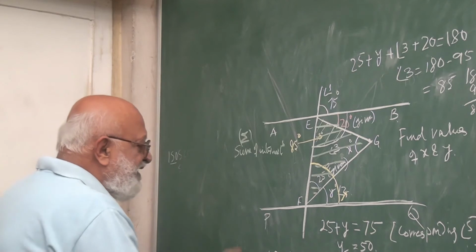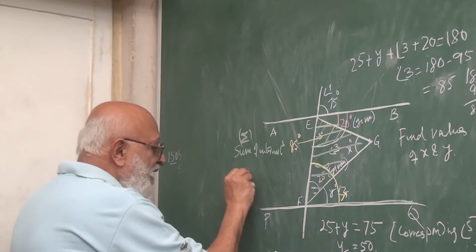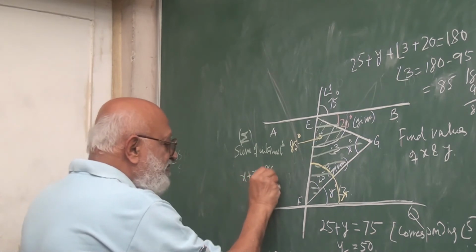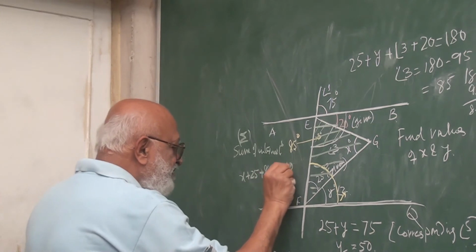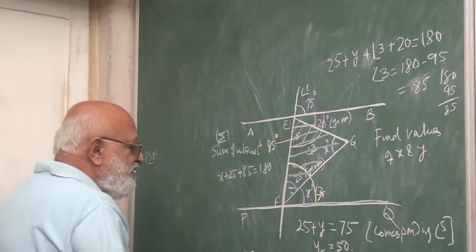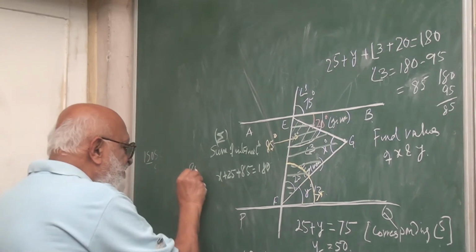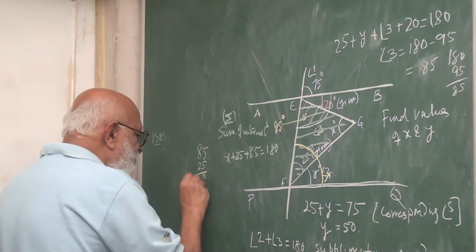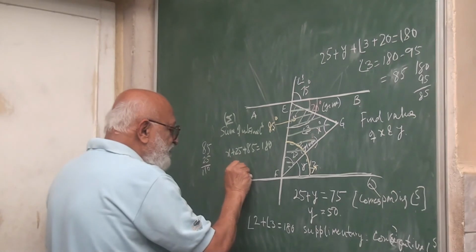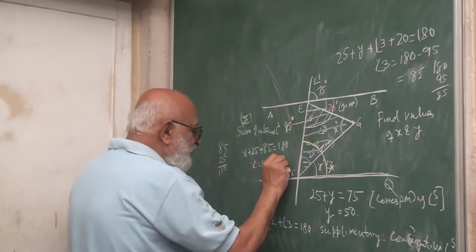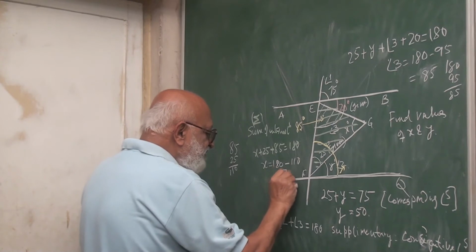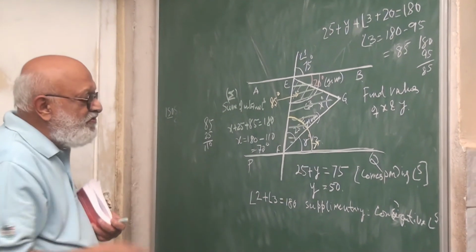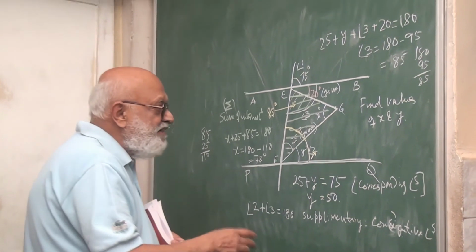So 85 plus 25 is 110. So x is equal to 180 minus 110, which is 70. I hope this is okay with you, because we have not made any mistake anywhere.